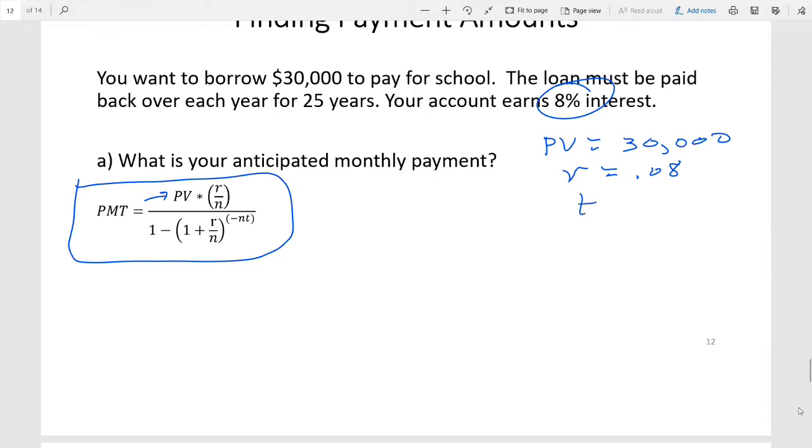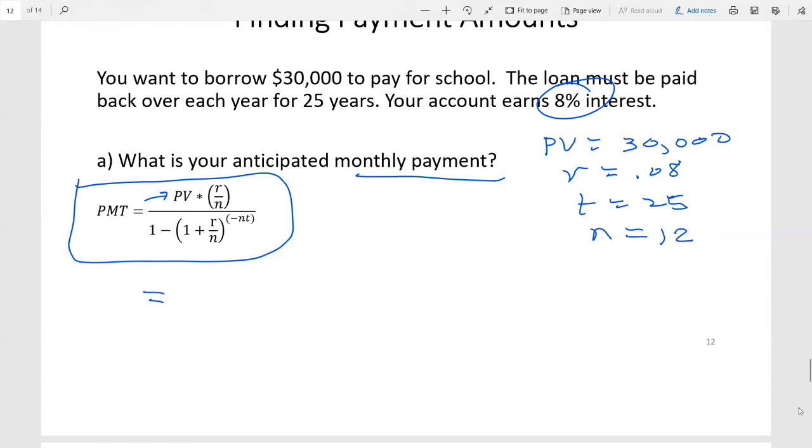T is 25 years. And N is going to be 12. You're going to be making monthly payments.